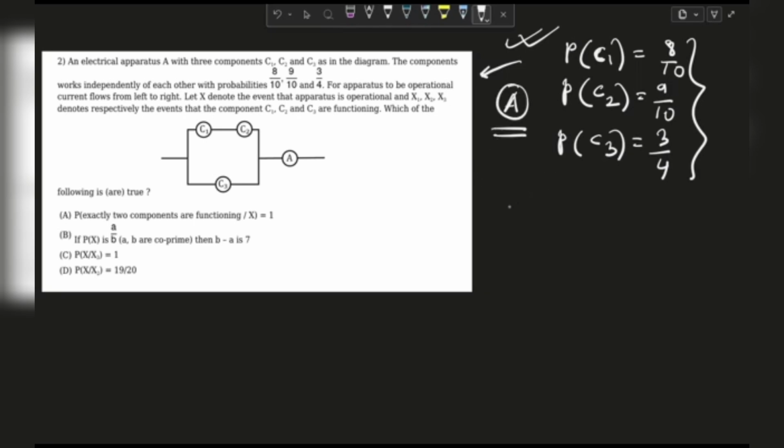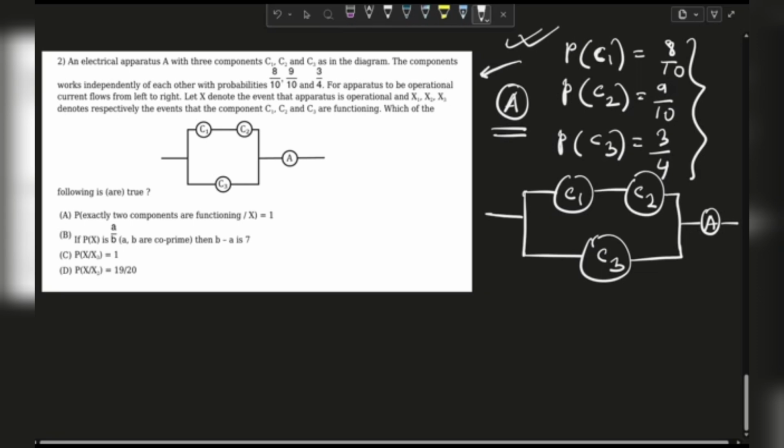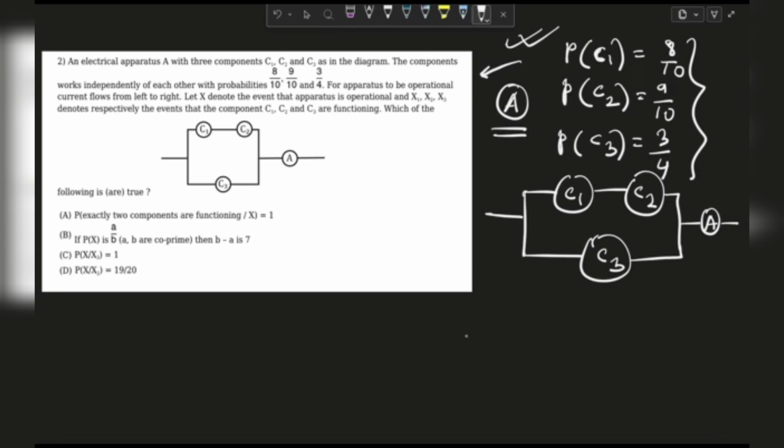So let X denote the event that the apparatus is operational. Let's draw this circuit. This is your C1, C2 and this is your C3. We have been given a few options.